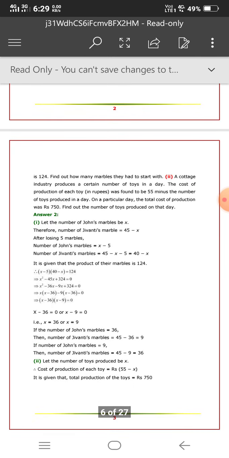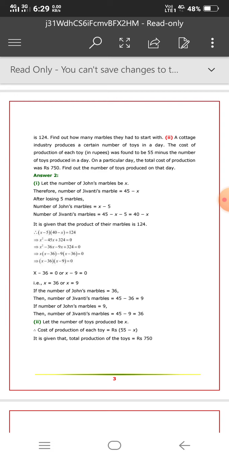In the first part we suppose the number of John's marbles is x. Then the remaining marbles is how much? 45 minus x. And after then they lost 5 marbles each. Then the new numbers of marbles are x minus 5 and 40 minus x.